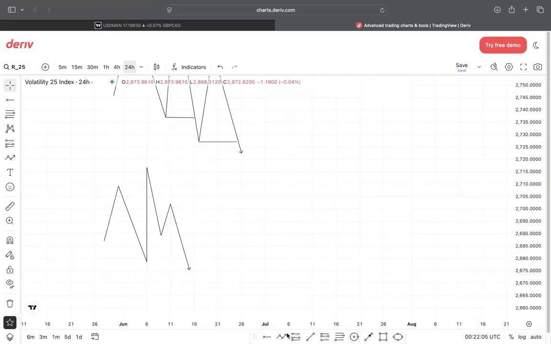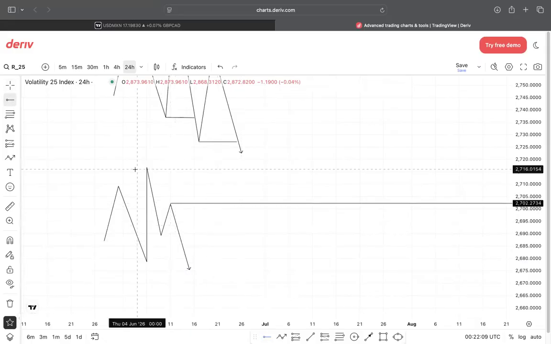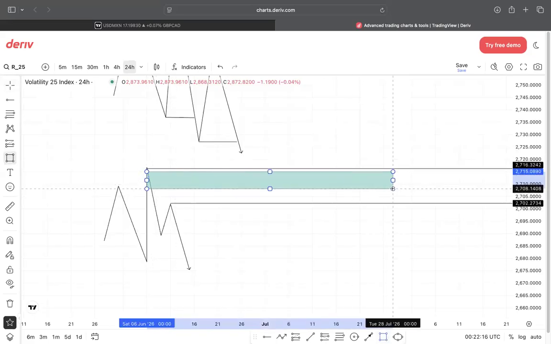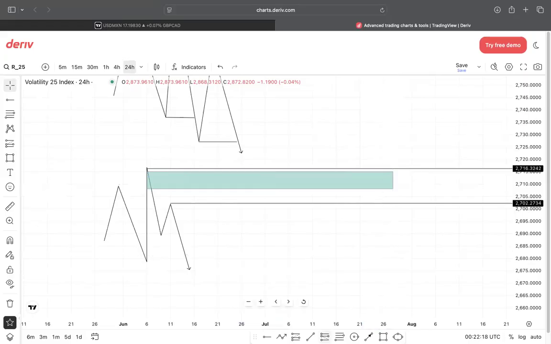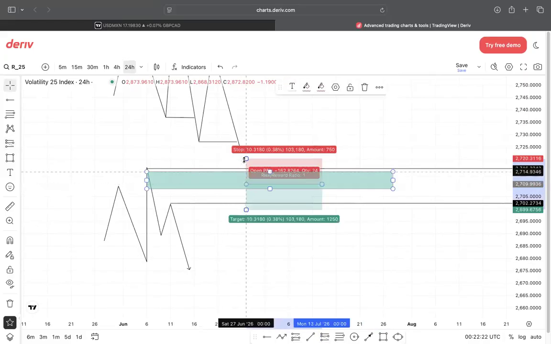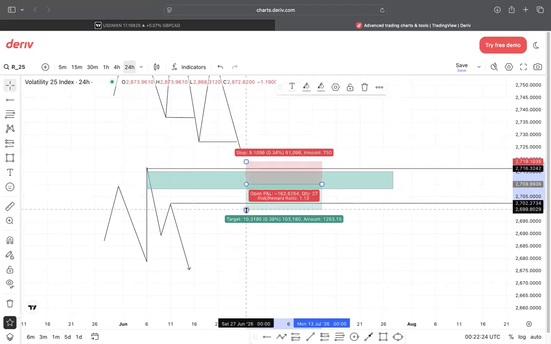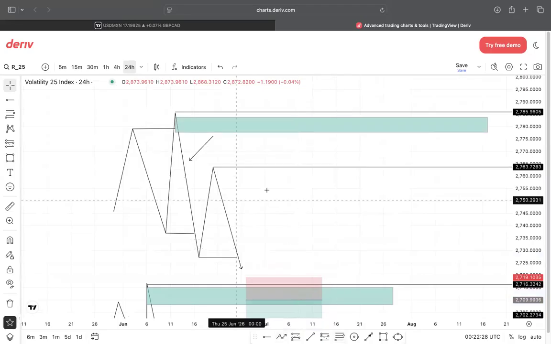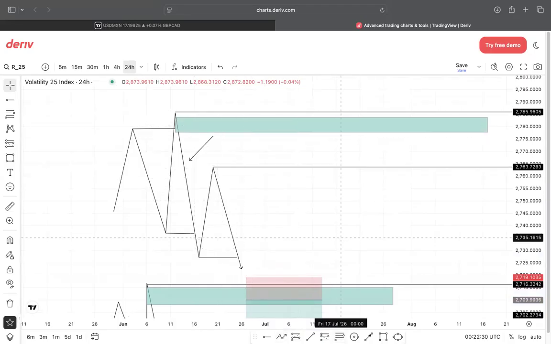So we're expecting price to take our structural liquidity and come into here as our POI, and then have price go to the downside. So this is the type B. This is the B plus setup, and then this is the A plus setup.